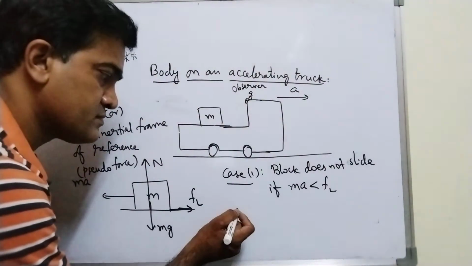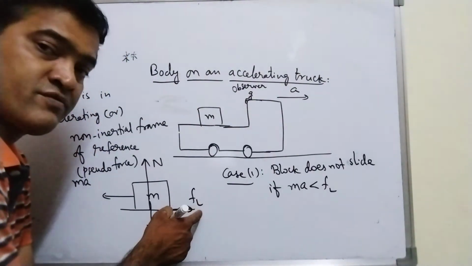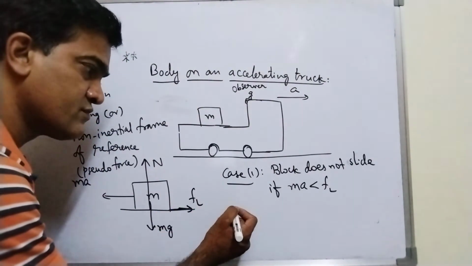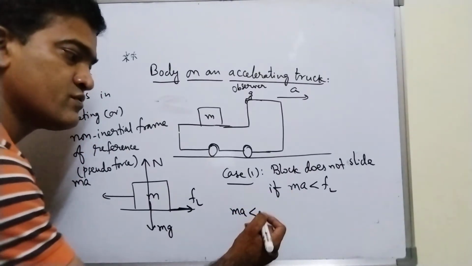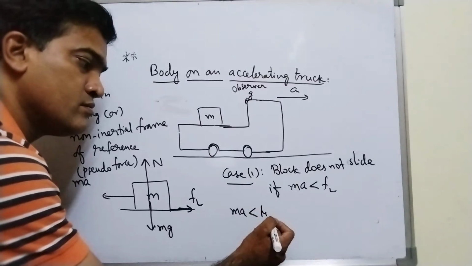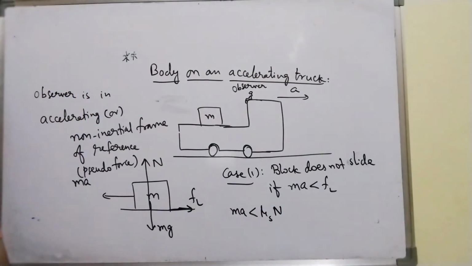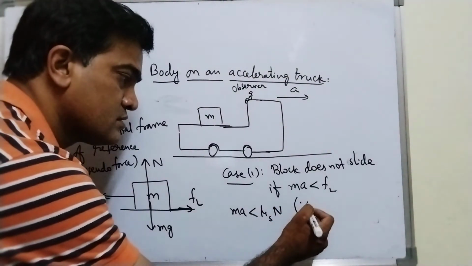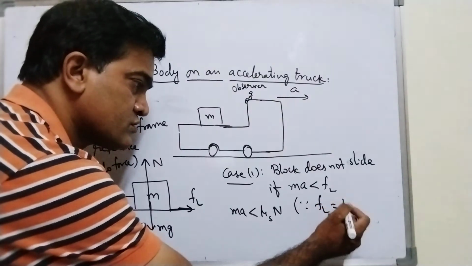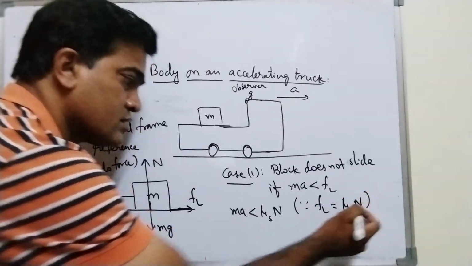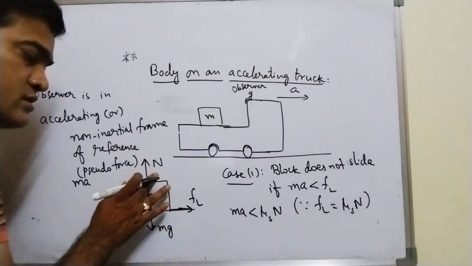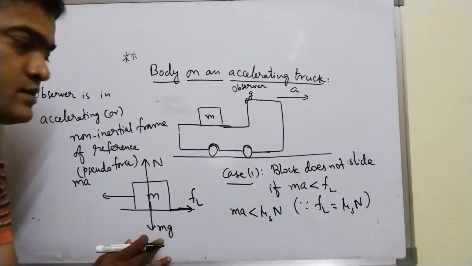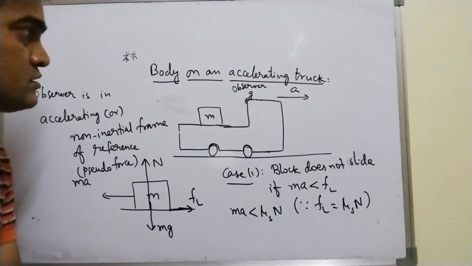That means you know the formula for limiting frictional force. ma is less than the limiting frictional force, which is nothing but mu s into N. Since limiting frictional force is equal to mu s into N. Is it not? Now, N is balanced by what? N is balanced by mg. Therefore, what should be the condition?